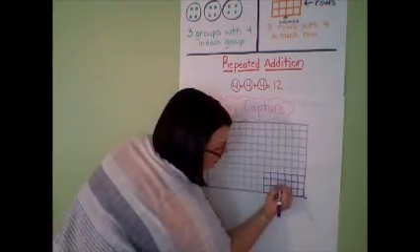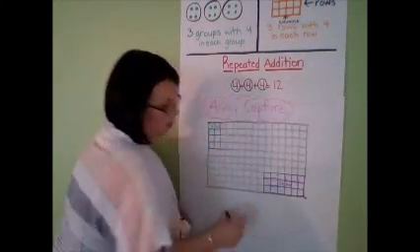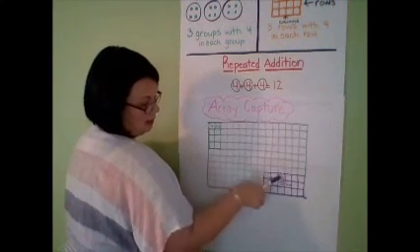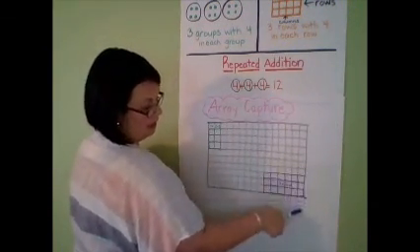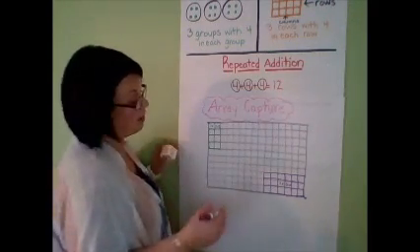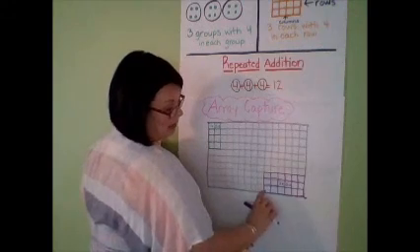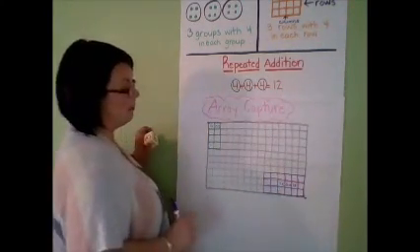So I'm going to write somewhere inside of here 3 times 6 equals, and I'm going to count those up. So I can count this way: 3, 6, 9, 12, 15, 18. I could count them individually, or I could go across. 6 plus 6 is 12, plus 6 more is 18. Either way, you should get 18.